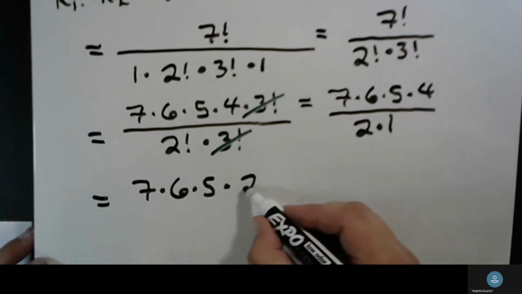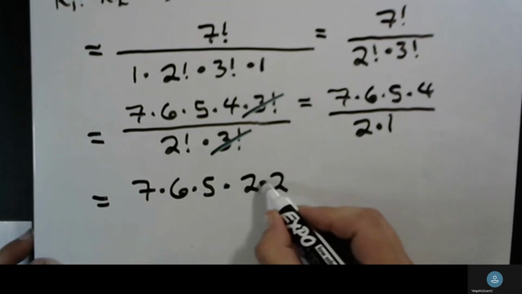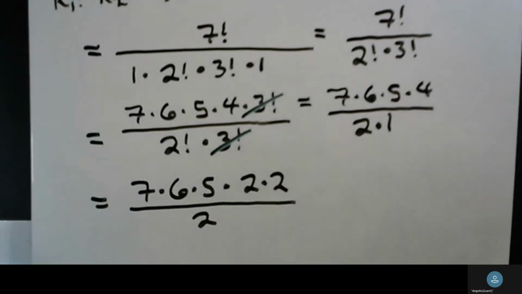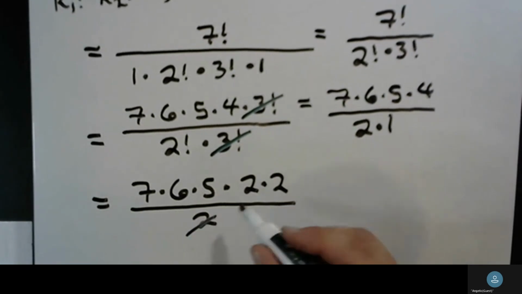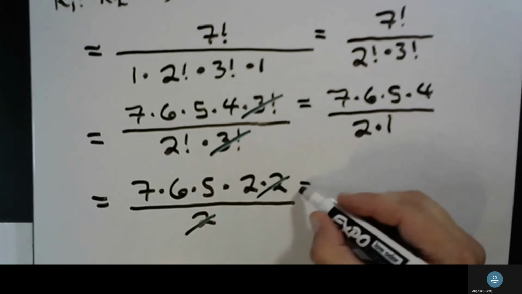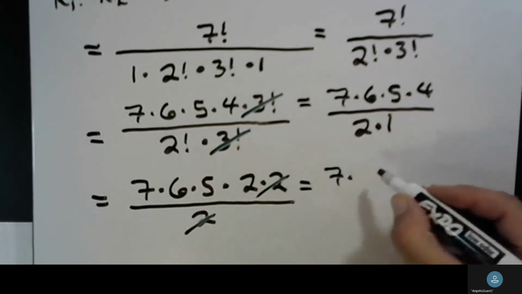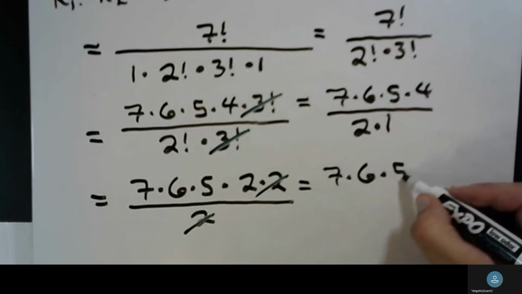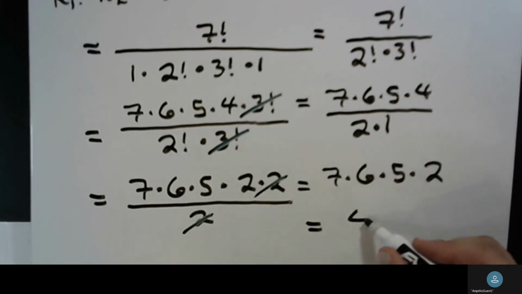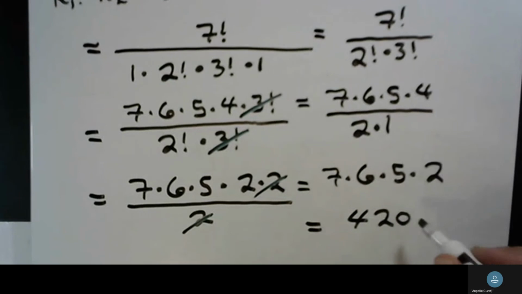We can rewrite 4 as 2 times 2. 2 times 1 is 2. So I'm just doing sort of the slowpoke simplifications. So you get 7 times 6 times 5 times 2. That'll come out to 420.